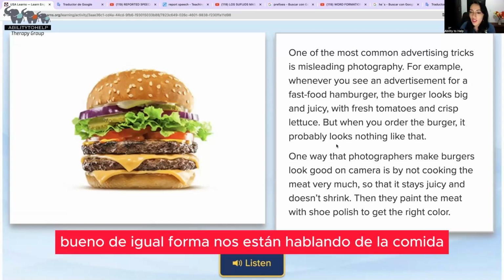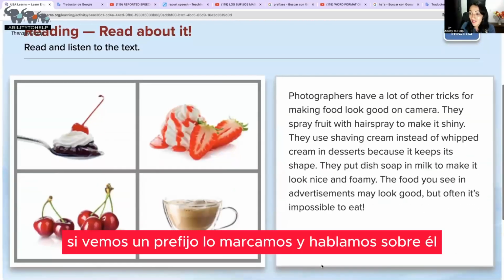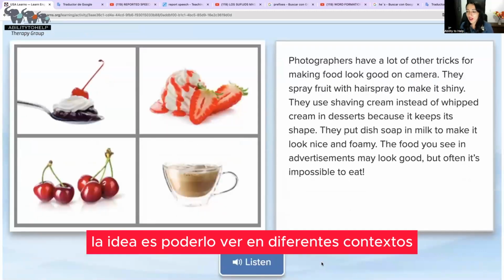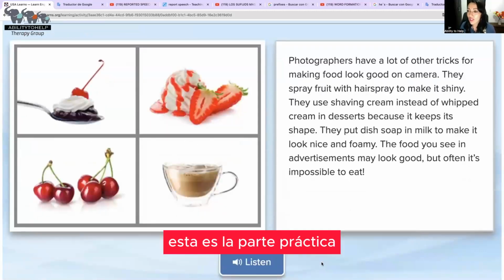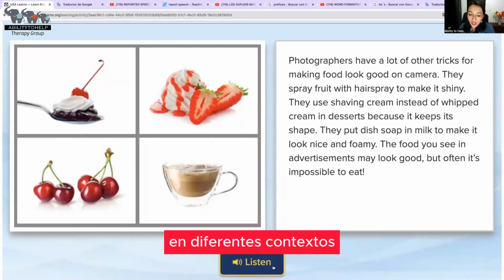Bueno, de igual forma nos están hablando de la comida. Vamos a continuar aprendiendo. Si vemos un prefijo, lo marcamos y hablamos sobre él. La idea es poderlo ver en diferentes contextos. Esta es la parte práctica que estamos viendo el día de hoy. Ver estos prefijos como vocabulario en diferentes contextos.